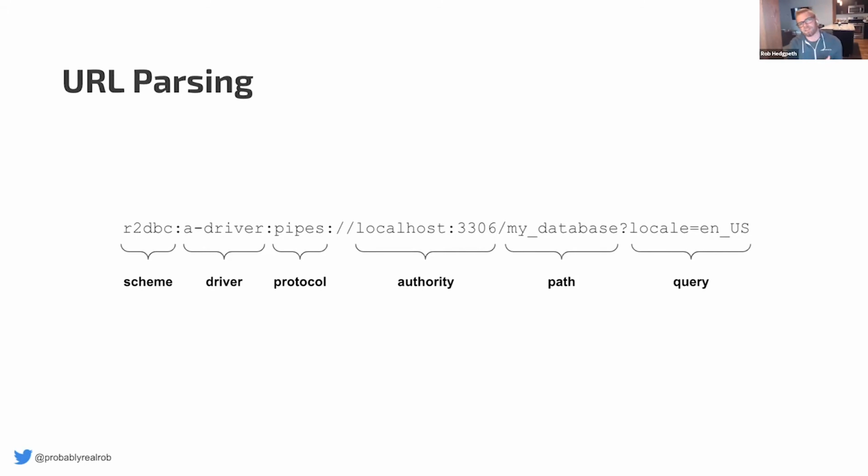This is nice because every individual driver isn't left up to parsing the URLs, which are pretty standard at this point, so it just makes sense. This consists of things like the scheme, which essentially says R2DBC, then a driver such as MySQL, MariaDB, or Postgres, and the protocol, all of which we'll get into in the sample. But know that this URL parsing is done within the SPI.